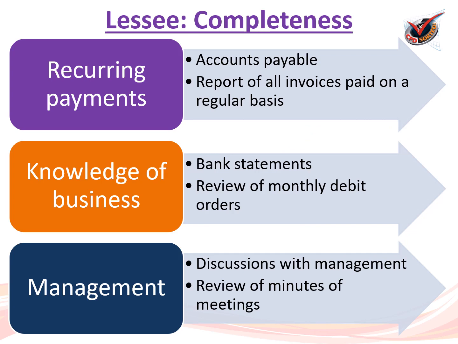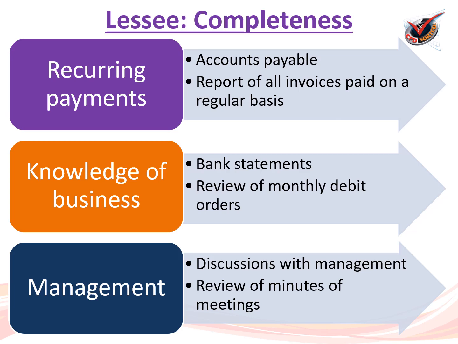With regards to lessees and the verification of the completeness of the leases. Procedures could include looking at recurring payments, a list of recurring payments, be that from accounts payable or looking at invoices paid on a regular basis to determine whether or not there are any payments that weren't included in the lease liability.